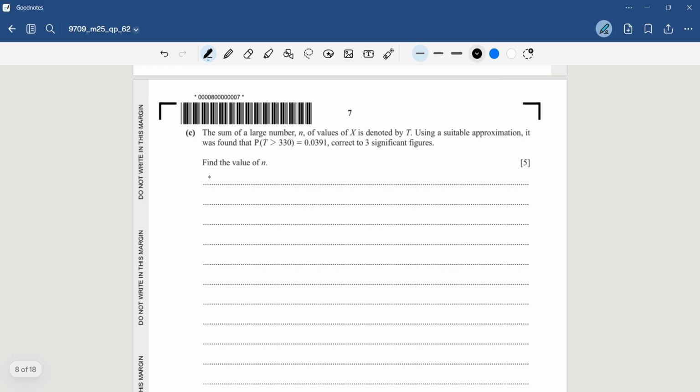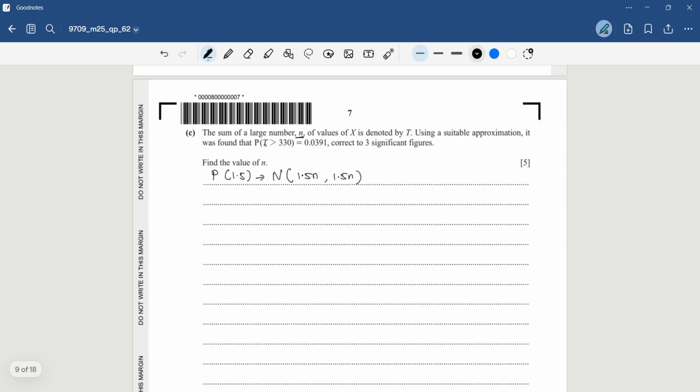So I have a Poisson with mean 1.5, and since I have a large number n, it is approximately normally distributed with mean 1.5n and variance 1.5n. Your mean and variance are the same.